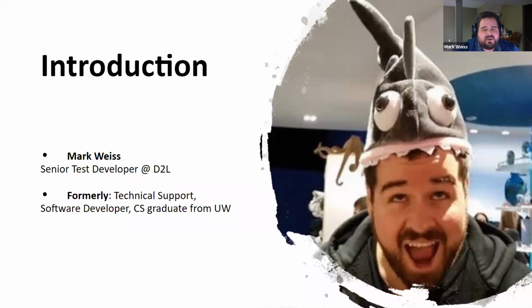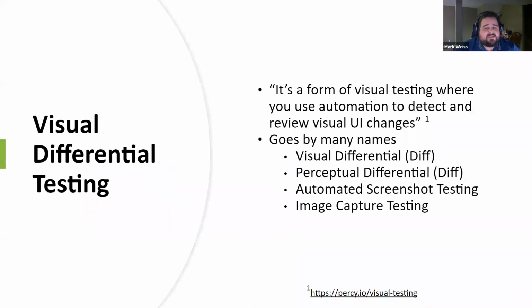So let's start off with the obvious question. What is visual differential testing? So visual differential testing is testing by taking screenshots of your software and comparing them with known good states. This is used to help catch unintended changes. This type of testing does go by different names.